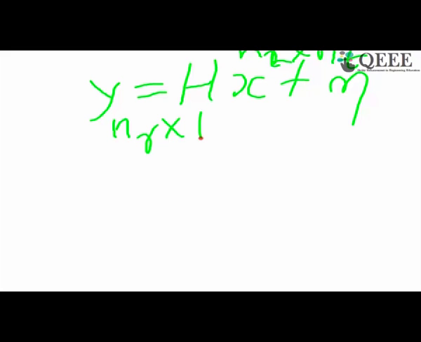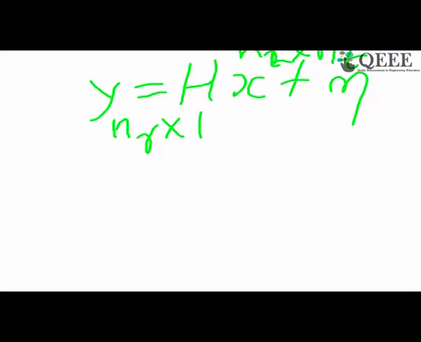Your Y is an NR cross 1 vector. While the total number of independent variables in the H channel is NT cross NR, the number of independent variables at the receive vector is NR, so you cannot get full diversity.